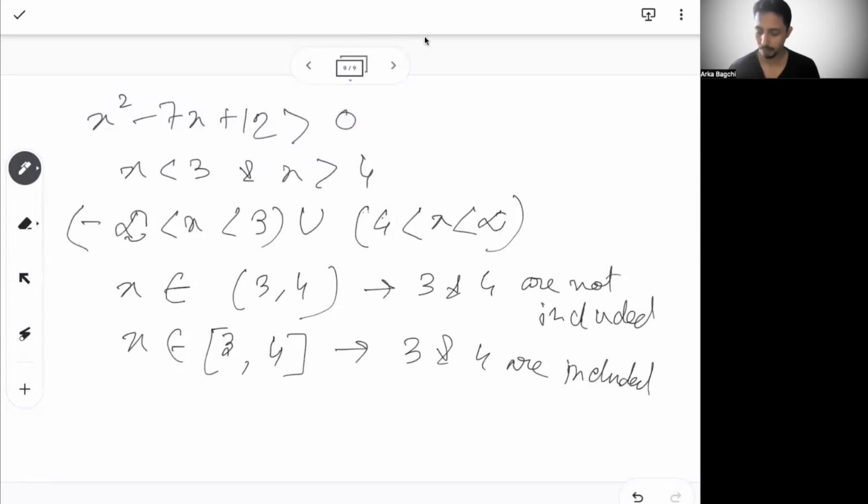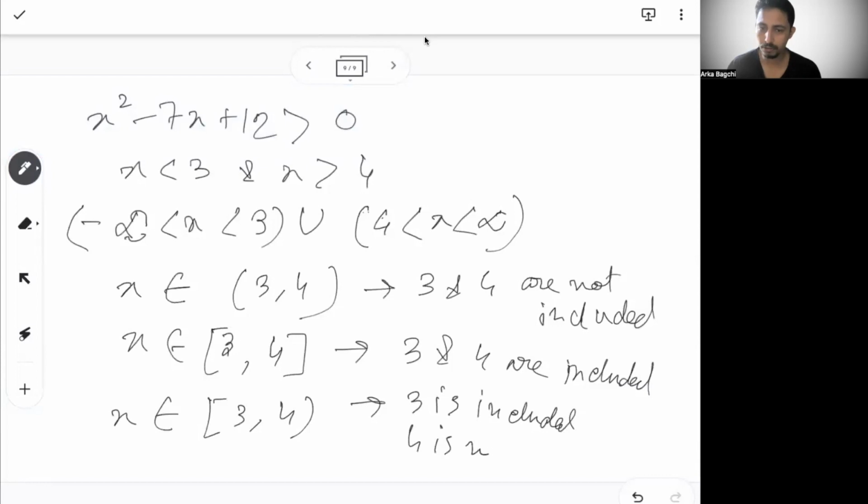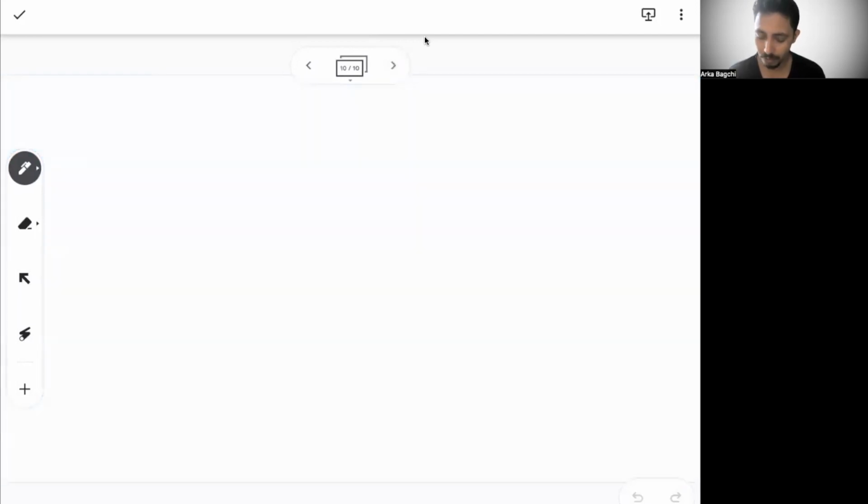Now if I write 3 comma 4 with one third bracket and one first parenthesis, then we can say 3 is included, 4 is not included. So this is a very important understanding, when it is included, when it is not included. And we'll do that more when we do the inequalities class, but just to give you an important understanding before we move on.